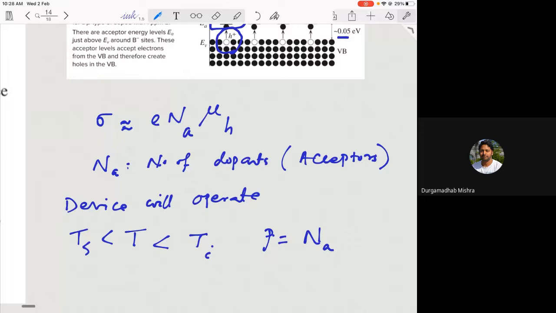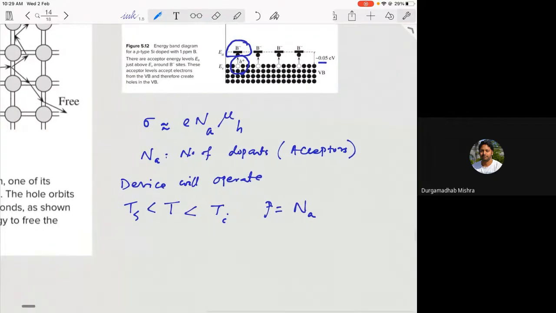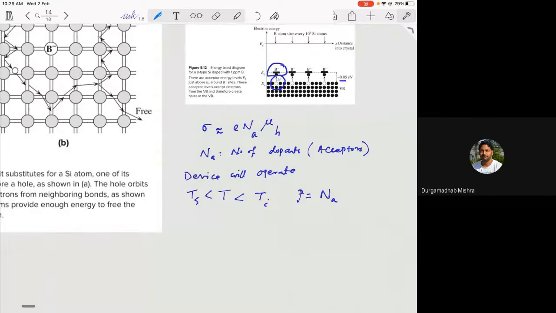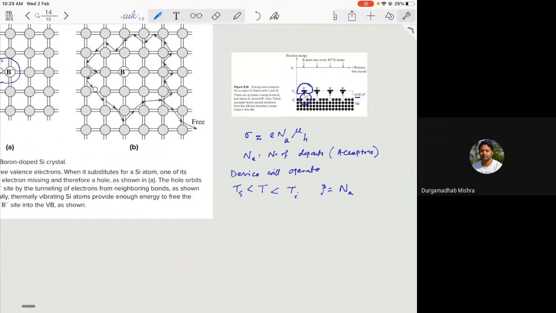So in this temperature range the number of holes will be equal to the number of acceptor ions, and this will be the dominant term for the conductivity. This is the extrinsic range where you would like your device to operate.